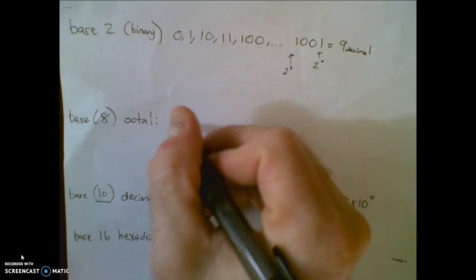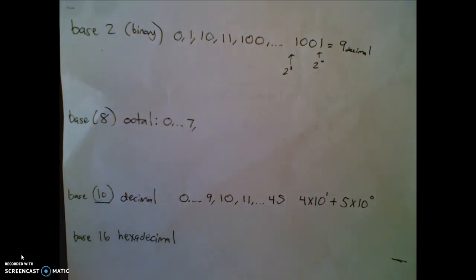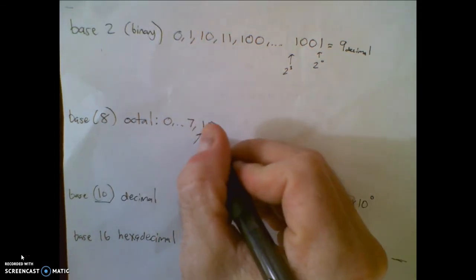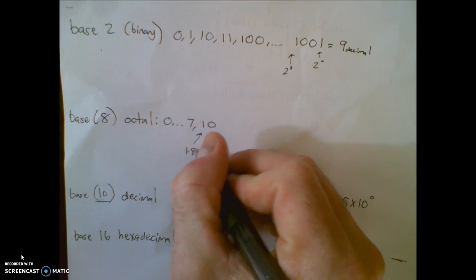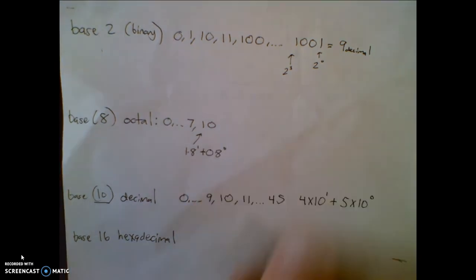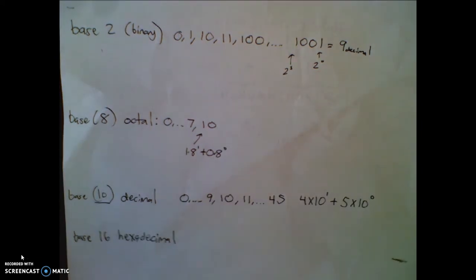So base 8, you have the digits from 0 to 7. And once you get to 8, that's 1, 0. This is 1 times 8 to the first plus 0 times 8 to the 0. So 1, 0 is just 8.